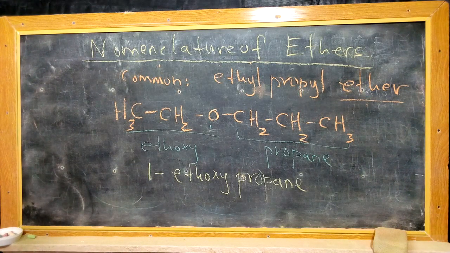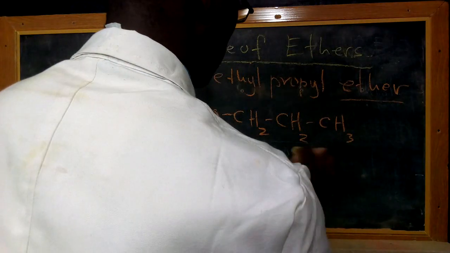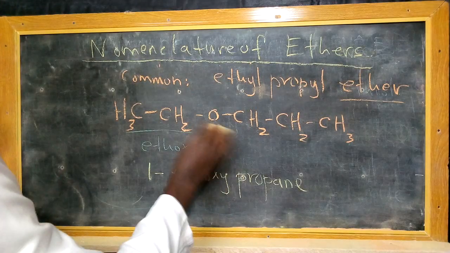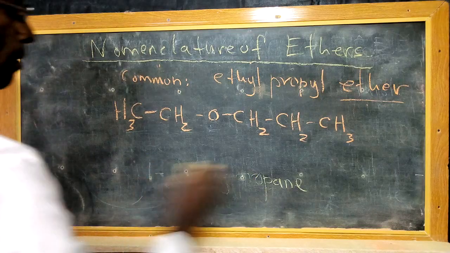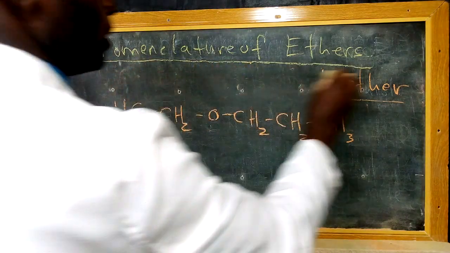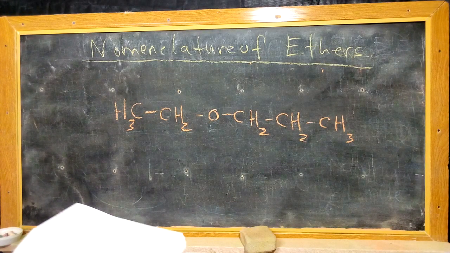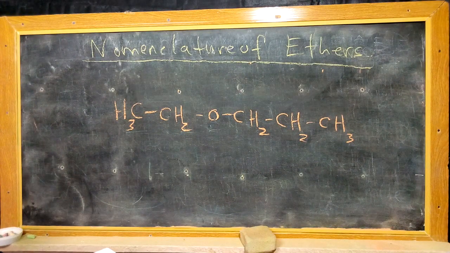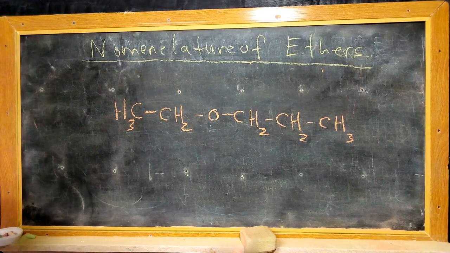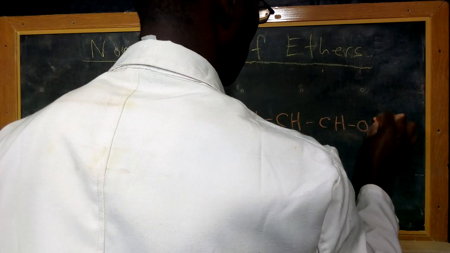So suppose we have another functional group attached to an ethoxide group, then how do we go about the naming? Let's look at an example whereby we have another functional group or a substituent attached at a particular point. We shall look at a similar example as this, but at this point we have an OH group.